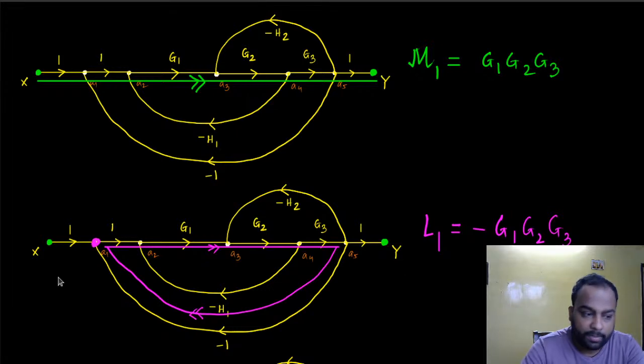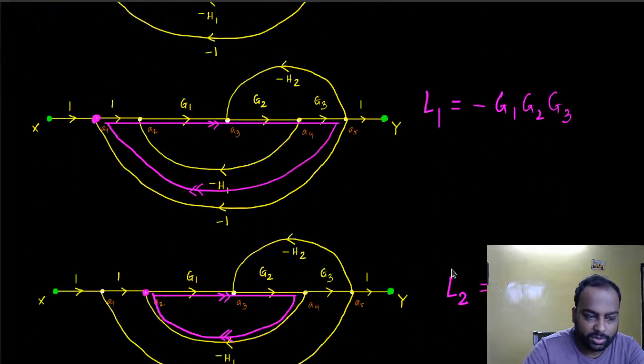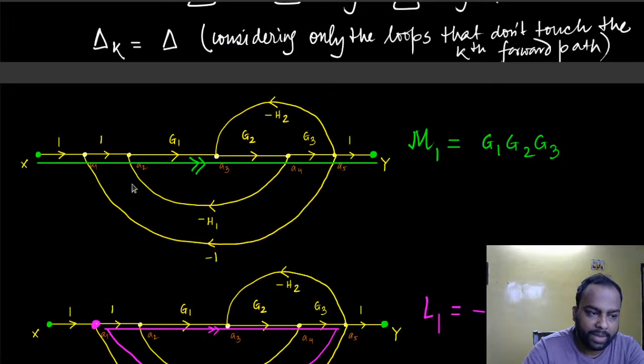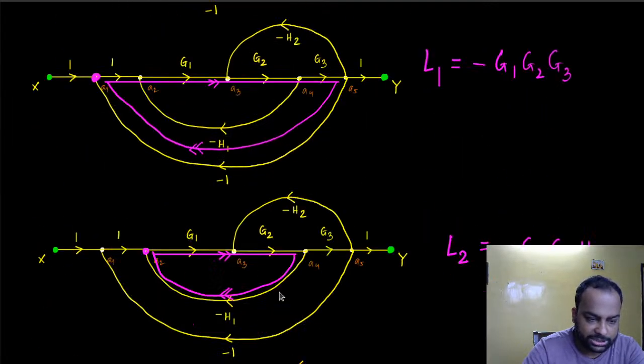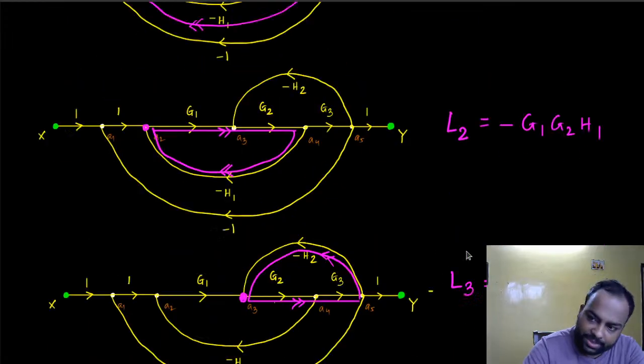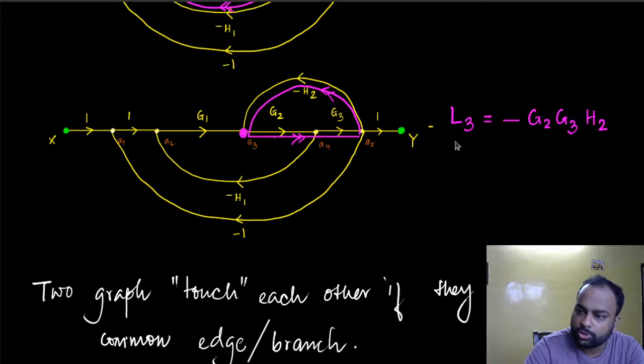The answer is no, because L1 and M1 do have common branches. So L1 is indeed touching M1. Similarly, what about L2? L2 is also sharing common branches with forward path 1, namely G1 and G2. What about L3? Same thing. With the first forward path, L3 is also sharing common branches.